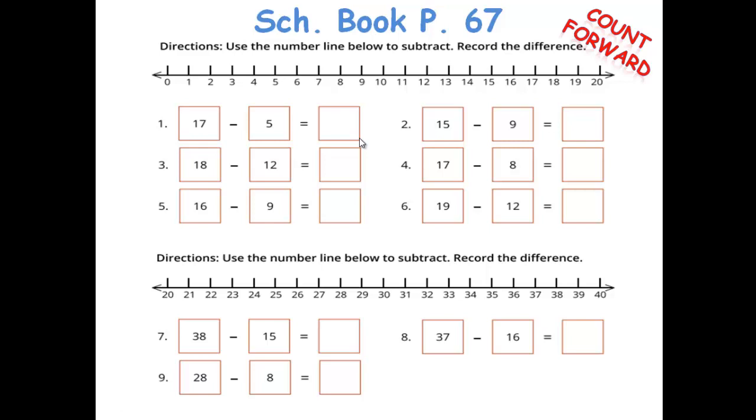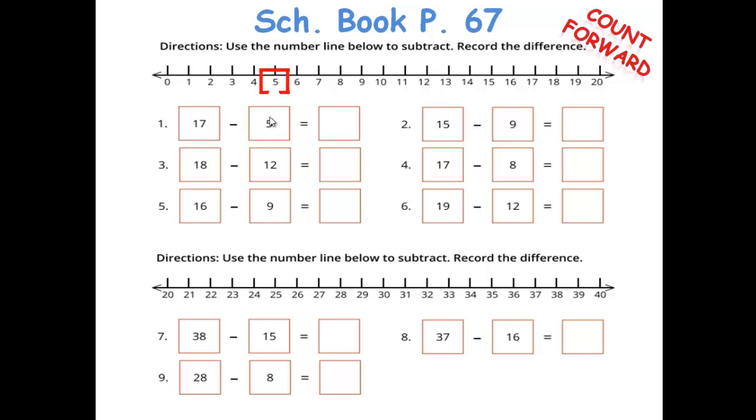Now let's start with number 1. 17 minus 5. According to the strategy that we are going to use, counting forward, which number will I circle? Is it the 17 or the 5? Very good, the 5.